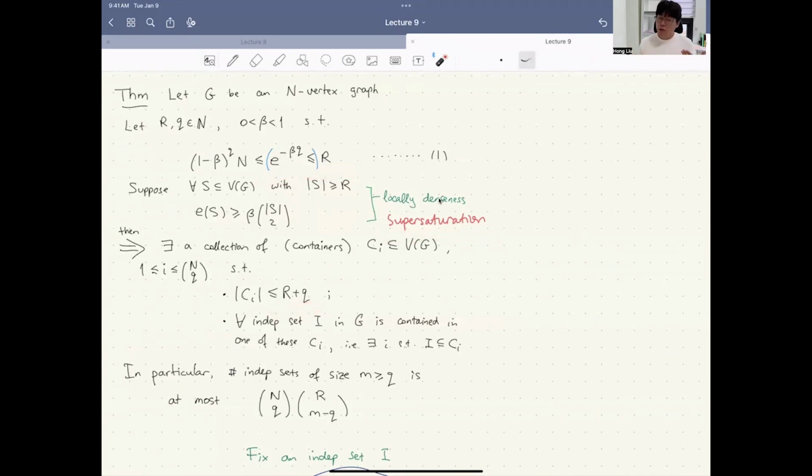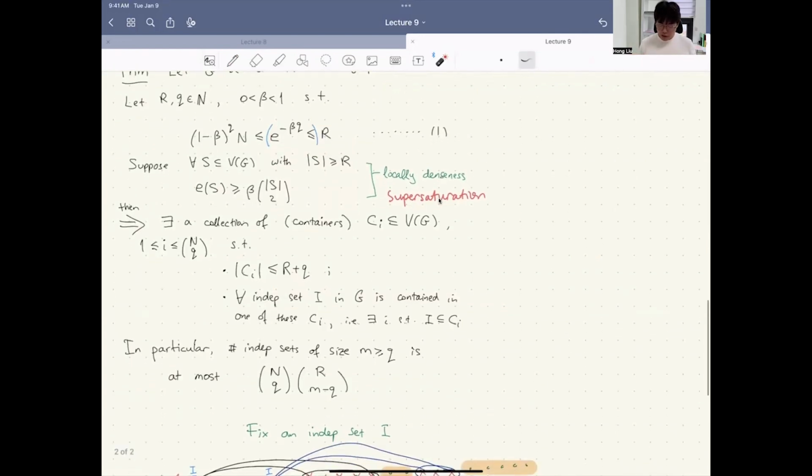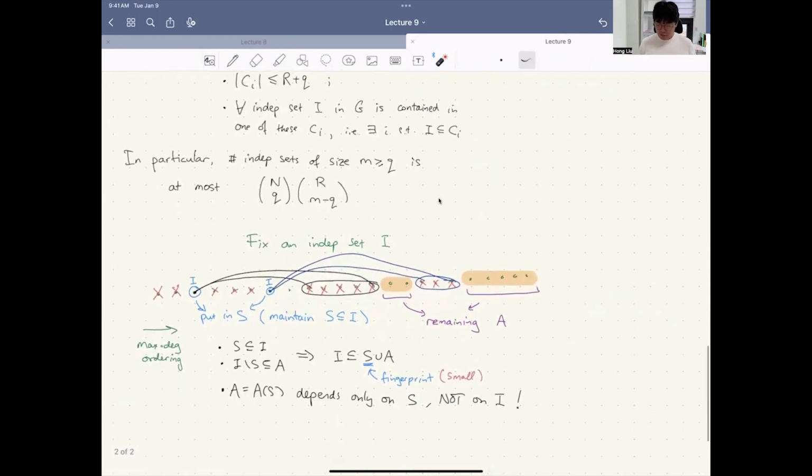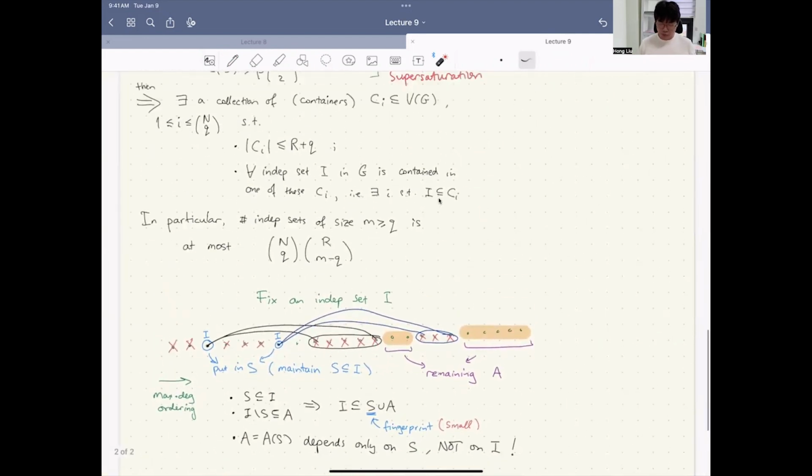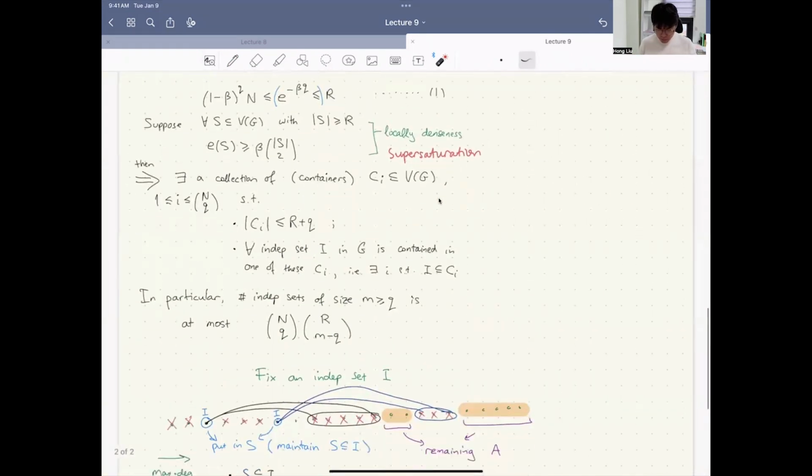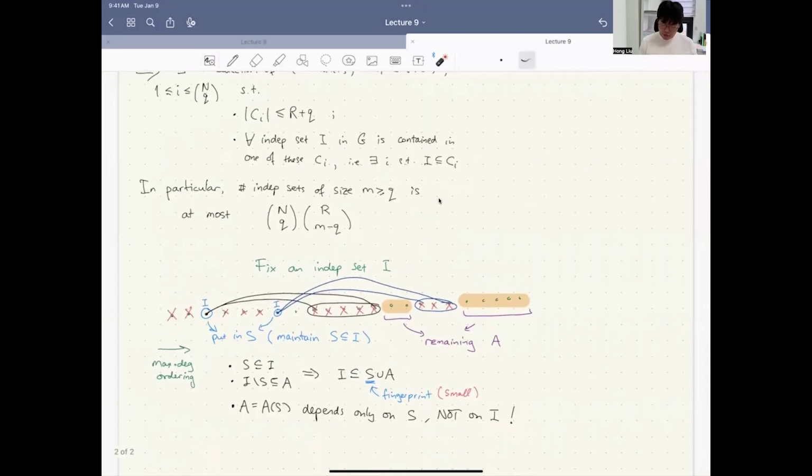And the consequence of this container theorem, in the proof, we've seen roughly the proof sketch. I think it's worth going through this picture again. We give a max degree ordering of the vertices, and we analyze how an independent set can be distributed over the vertices.